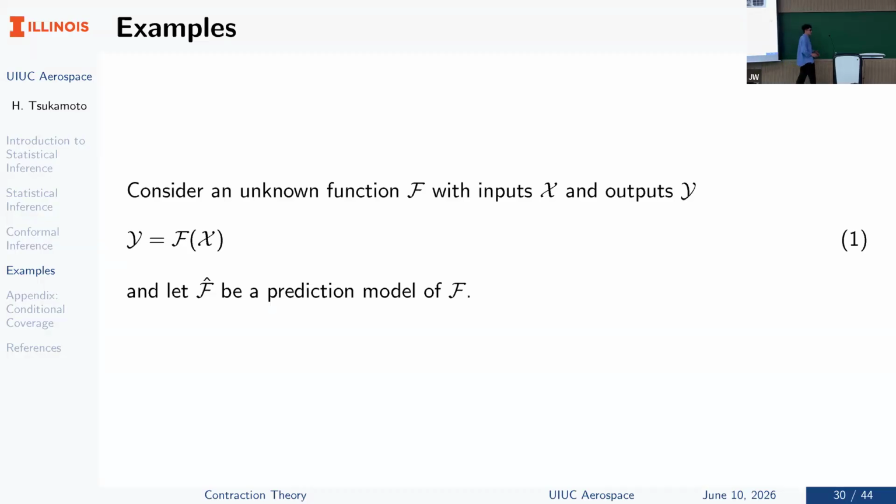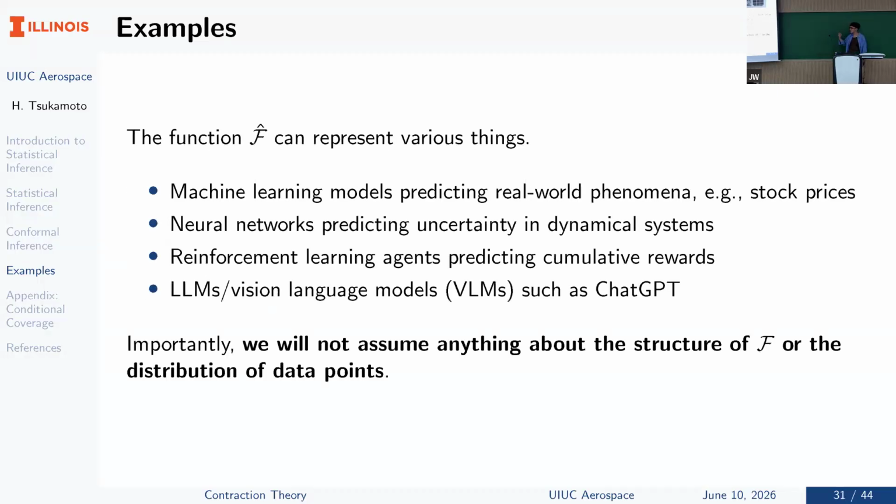What we want to do is bound the distance between f and f hat. Through the data with the exchangeability assumption, this can be stock prices, the prediction of your dynamic system, a neural network, a reinforcement learning policy, a transformer neural network, or LLMs.